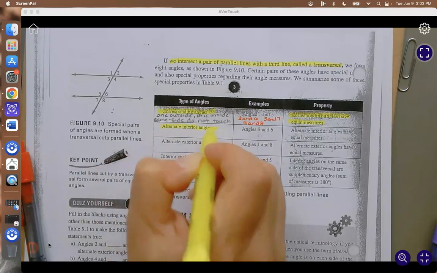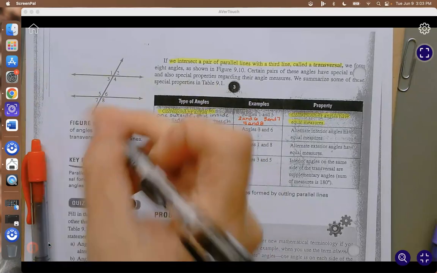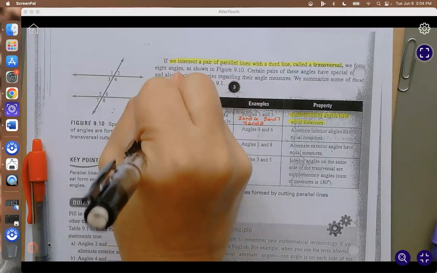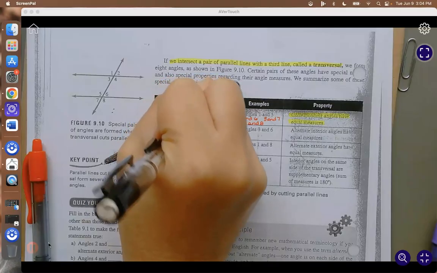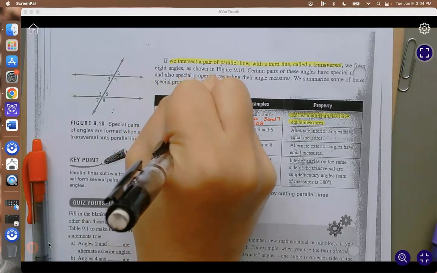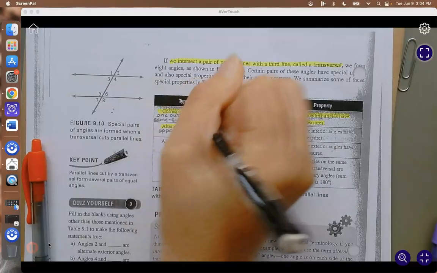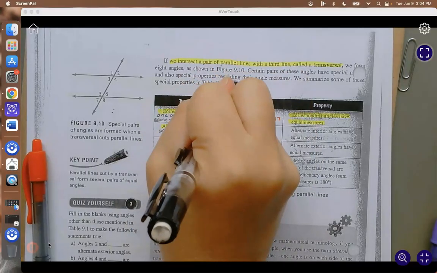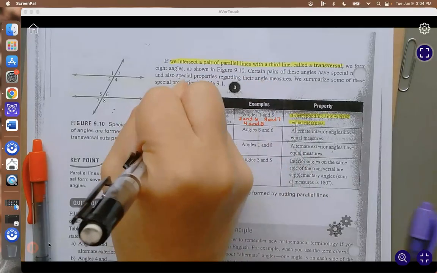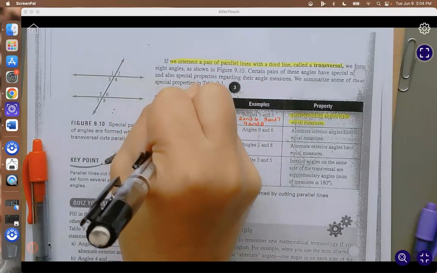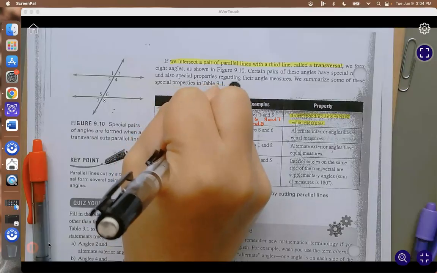Alternate interior angles. Opposite sides, inside, don't touch. Do not touch.